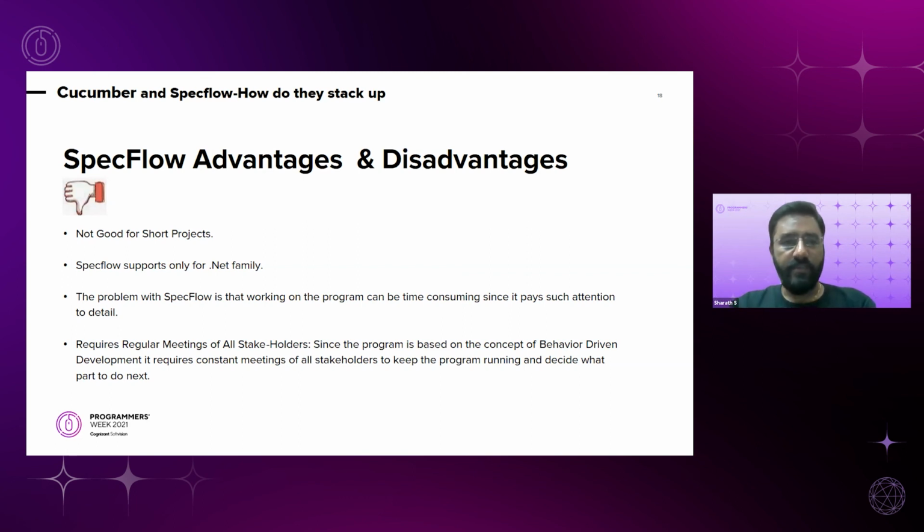So with a few of these notes about Cucumber and SpecFlow, we might be wondering, each has its own advantages and disadvantages, so why should we go for SpecFlow, and why should we go for Cucumber? I can take my own example for that.